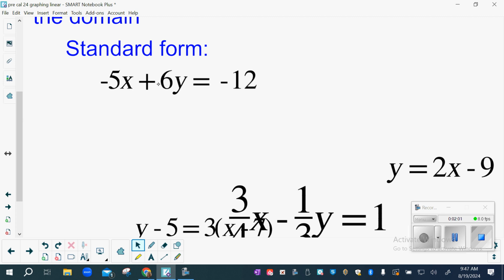Someone told me last period, can you just flip-flop it? We can't. The X needs to be in the front. So I need to change this sign. Does anyone know what I can do when there's an equal sign? It's an easy trick. It's easier than you think.